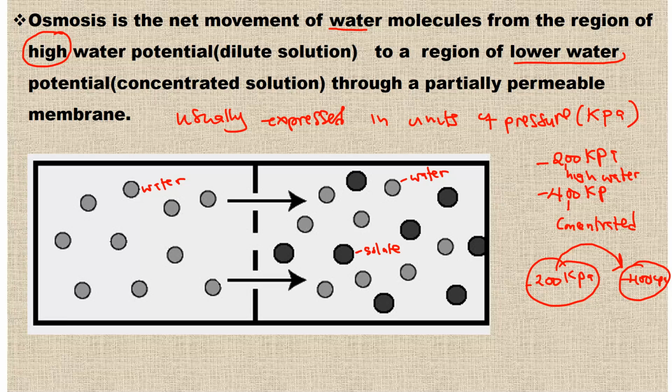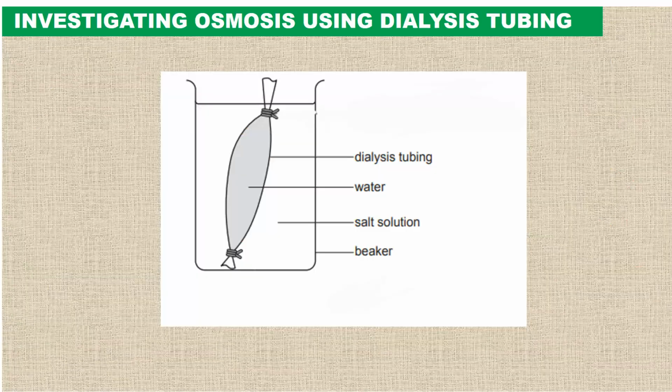But here you have solute, which means this solution is concentrated and this is dilute. Therefore, you have the net movement of water from the high water potential, where there are more water molecules, to where there are fewer water molecules. So it is very important you understand the definition of osmosis.